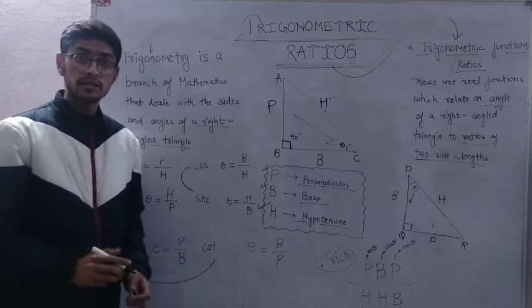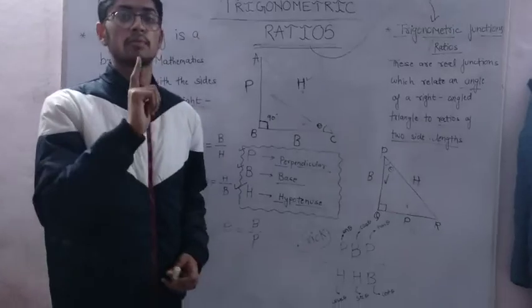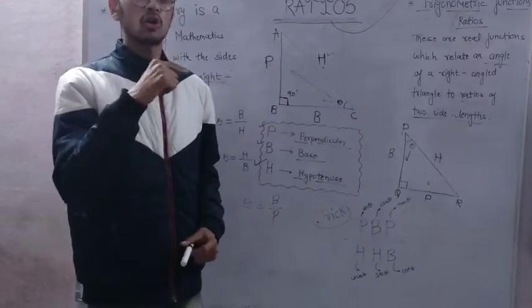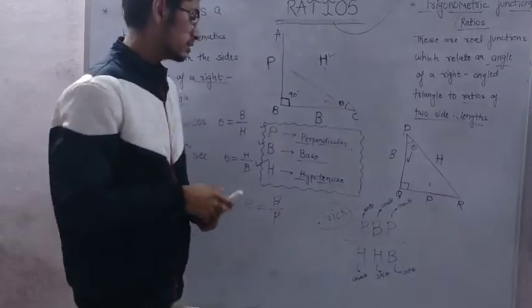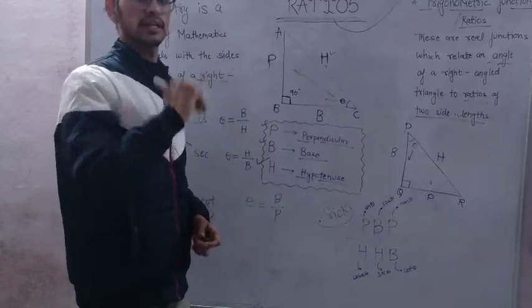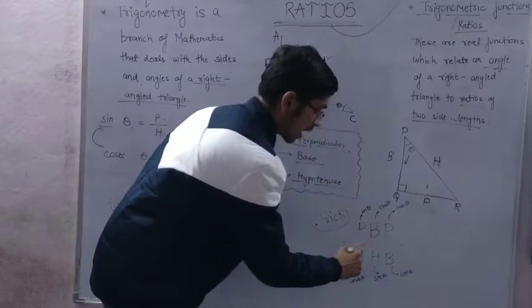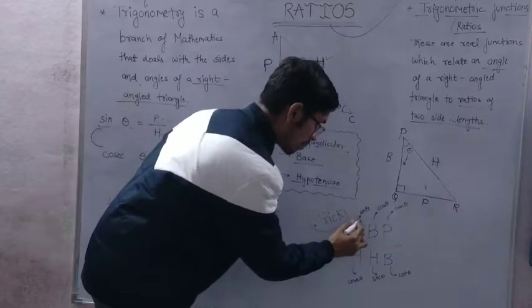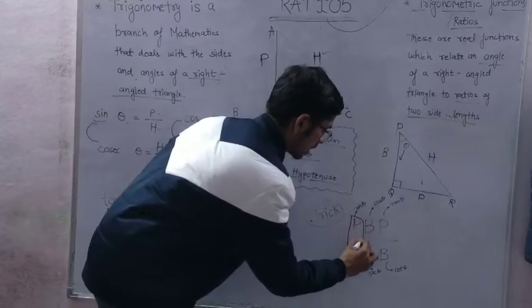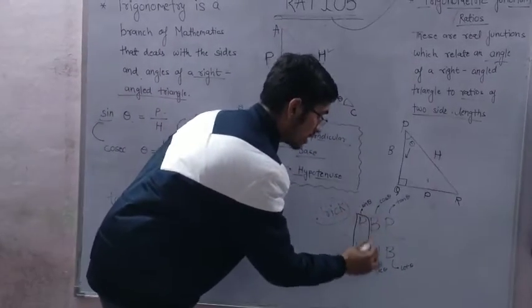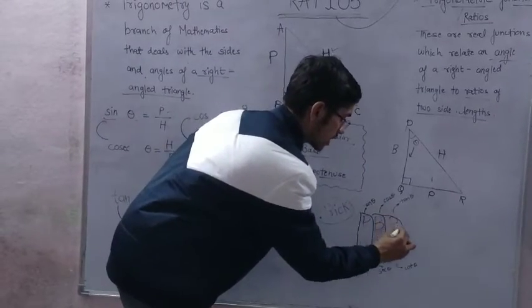Let us quickly revise the basic terms. Sine theta stands for perpendicular upon hypotenuse, and cosecant theta stands for hypotenuse upon perpendicular. We can learn it through a simple technique: PBP and HHB. P upon H is sine theta, B upon H is cos theta, and P upon B is tan theta.